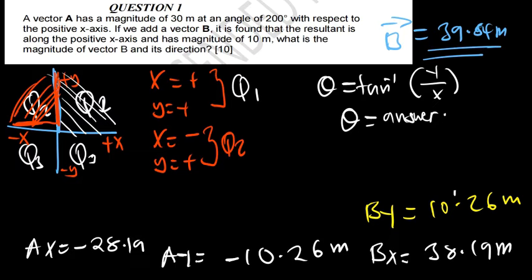I've given you that x is negative, but when you're plugging in the values here, ignore the negative. Don't consider it. No one is going to penalize you. Plug in positive values only in this formula. The answer you find here, because it falls in the second quadrant, you say 180 minus the theta you find here.